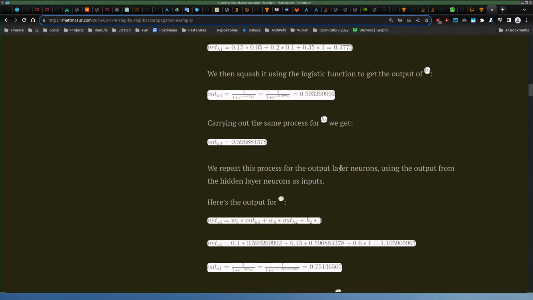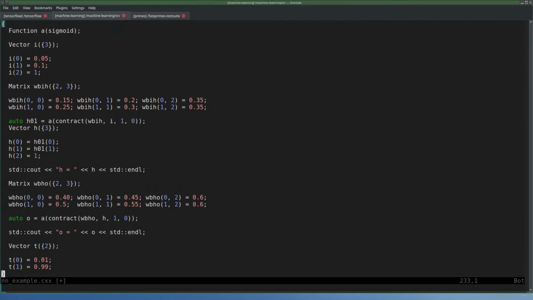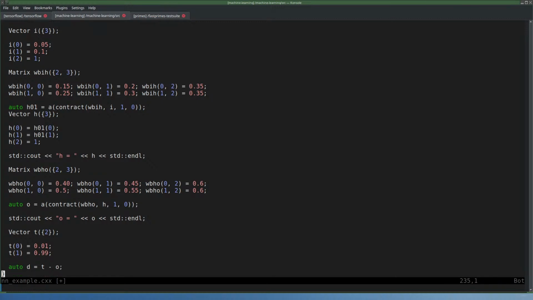And what you're going to do is subtract target minus output. So we can do auto difference is target minus output.